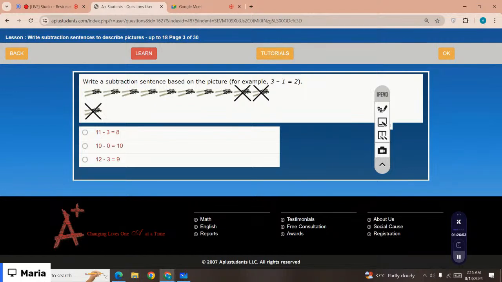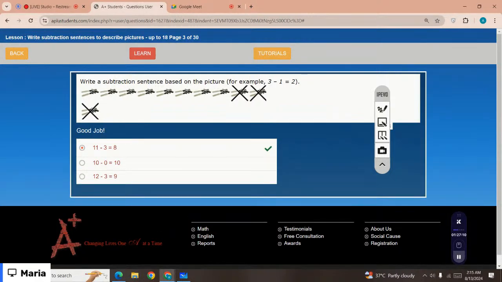The correct option is 1, 2, 3, 4, 5, 6, 7, 8. I think option number 1 is the correct option. 11 take away 3 is 8. Option number 1 is the correct option.